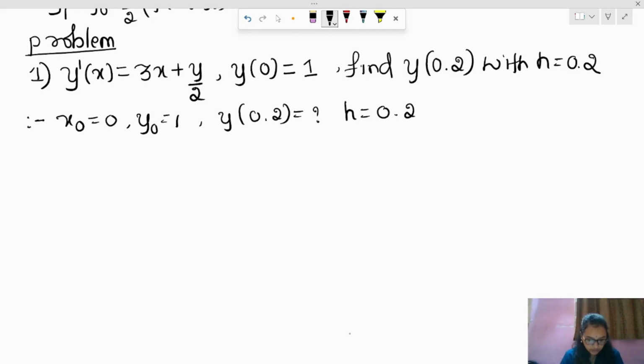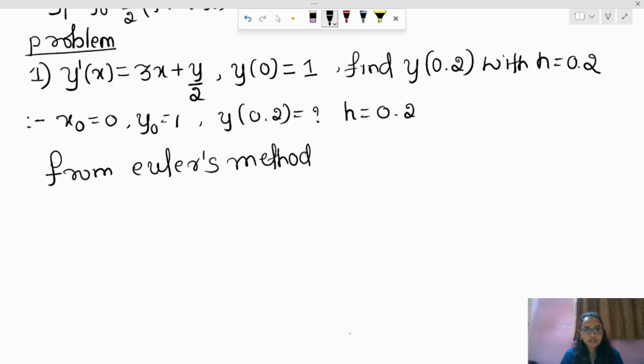So now let us find that. First we will take Euler's formula. First we need to find the value of y1 in order to apply modified Euler's method. So let me define the formula for Euler's method, that is y1 equals y0 plus h multiplied by f of x0 comma y0.